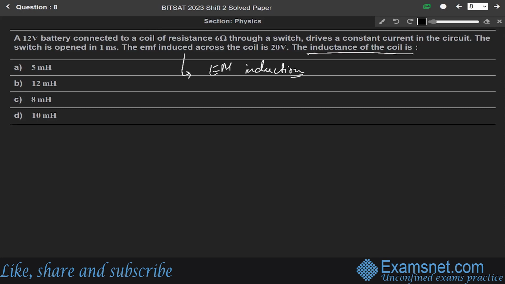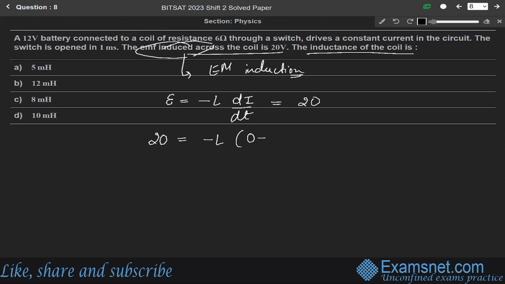Okay, so first of all, we are given the induced EMF. The induced EMF formula we all know, it is equal to minus L del I over del T, and it is given as 20 volt. So 20 equals minus L di over dt, the change in current. Let us say initially the current is 0, and finally it becomes 2, over the time, which is 10 to the power minus 3 second, since it is given as 1 millisecond.